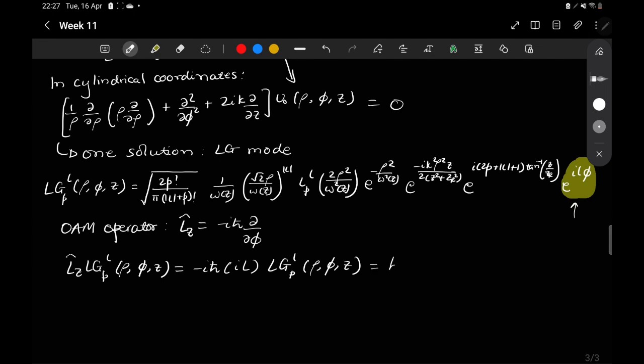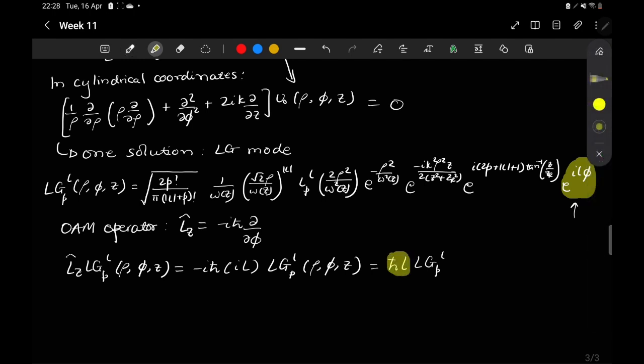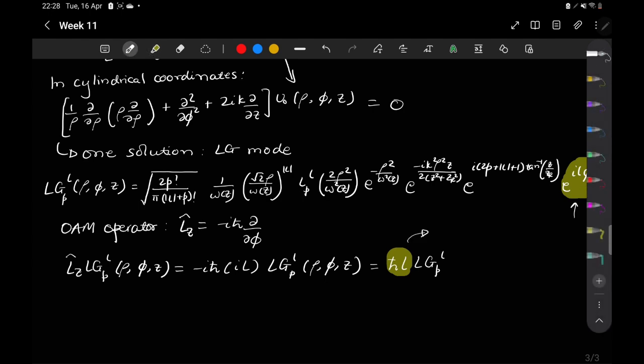So this is h cross l LG pl. So the eigenvalue of this operator is h cross l. This is the eigenvalue.